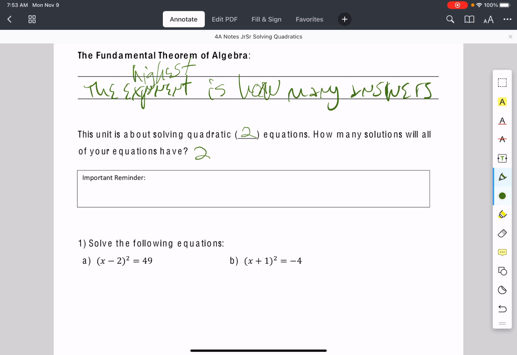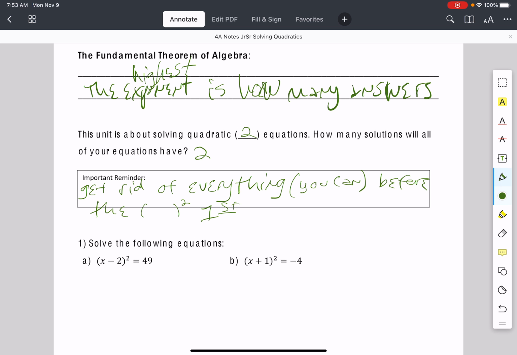To get rid of everything you can before the squared first.